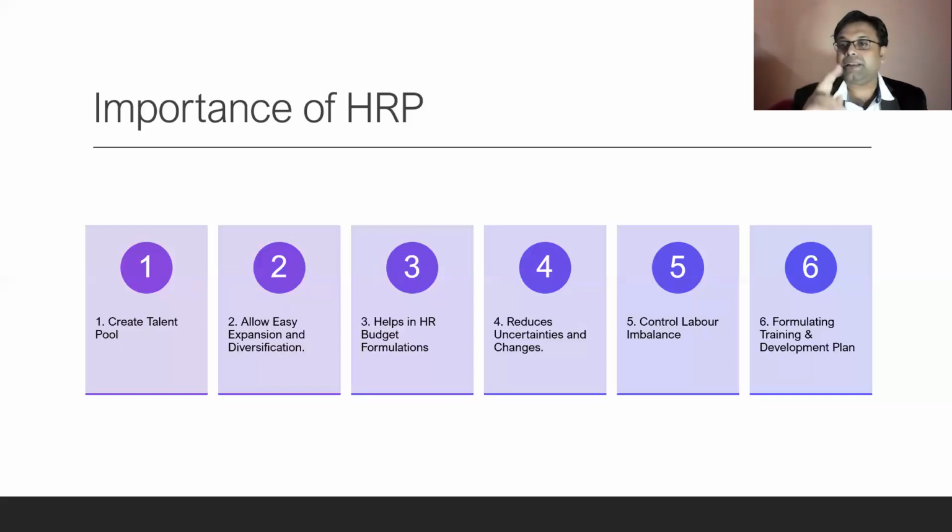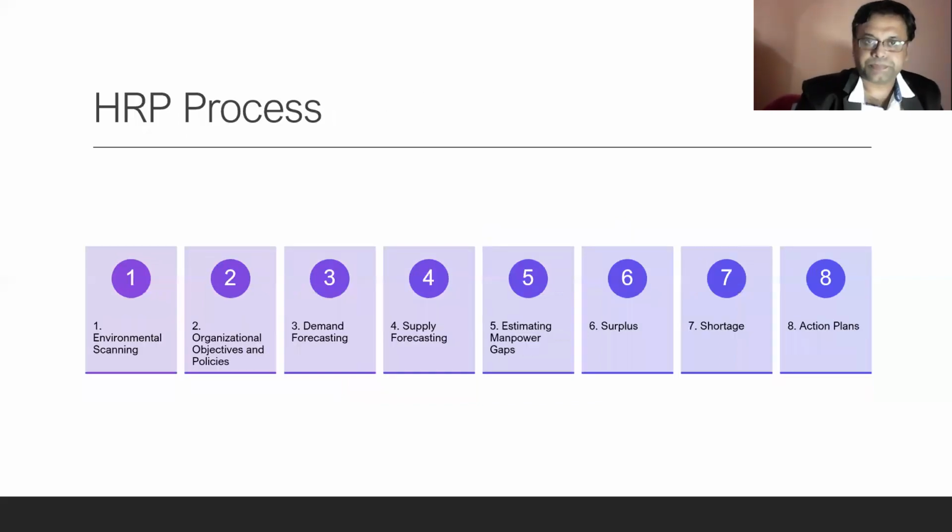Then we need to train 20 people on Minitab and SPSS. Now we need to identify whether they can be trained or not. We have identified that 10 people can be trained, so 10 people cannot be trained. So we need to develop a training plan for those 10 people. That is called formulating the training and development plan.